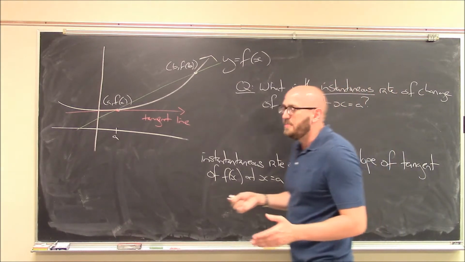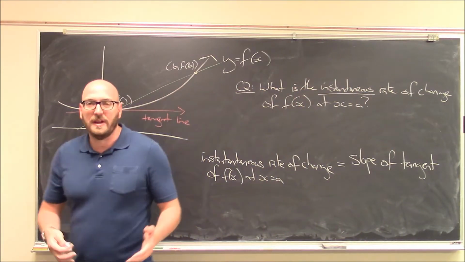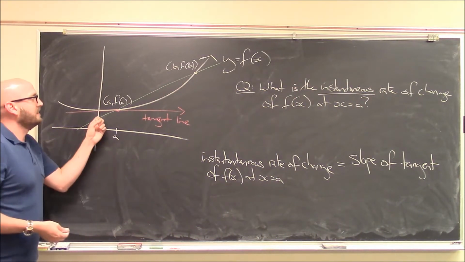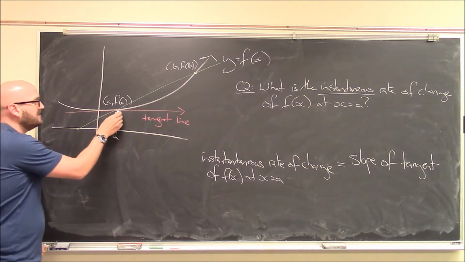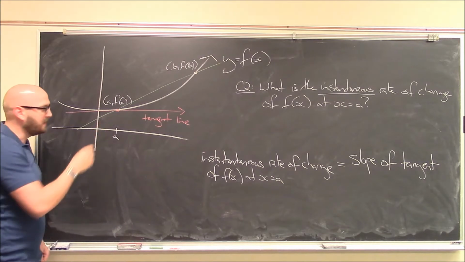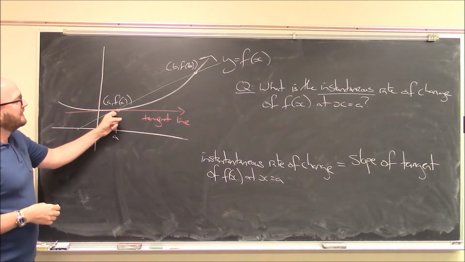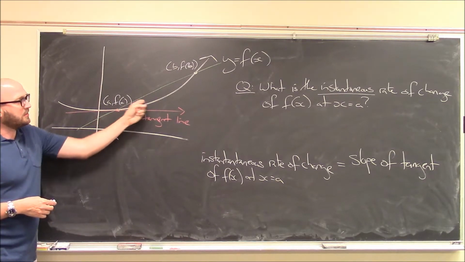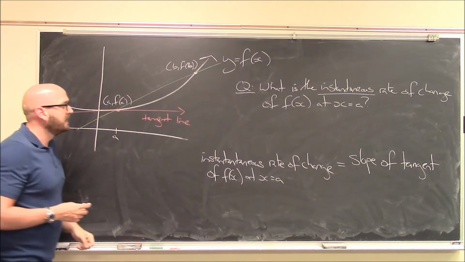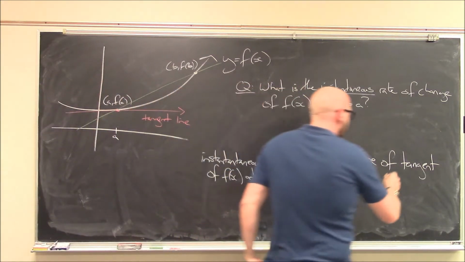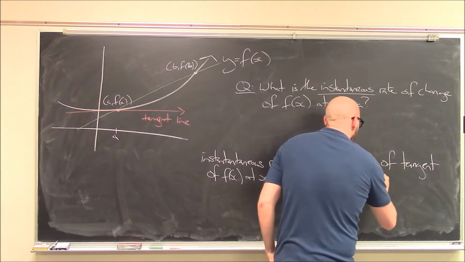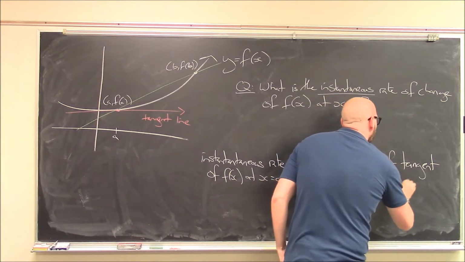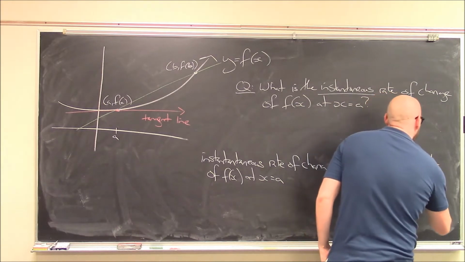What is a tangent line, by the way? I won't get into a formal definition of it, but it's this line that matches up with the intuition in your mind, right? It's a line that just touches this curve at a single point. And so it just touches it, and its slope sort of best approximates the slope of the actual function. So it's the slope of the tangent line to y equals f of x at x equals a.